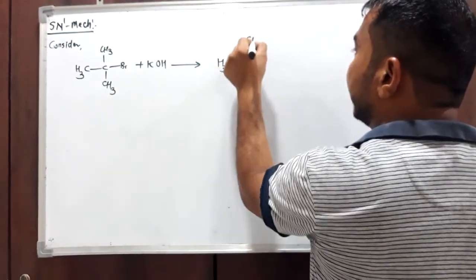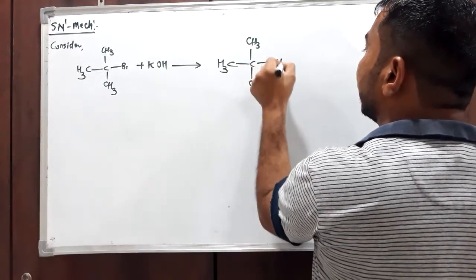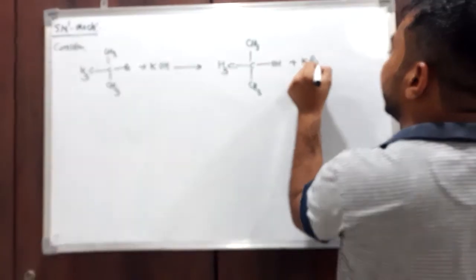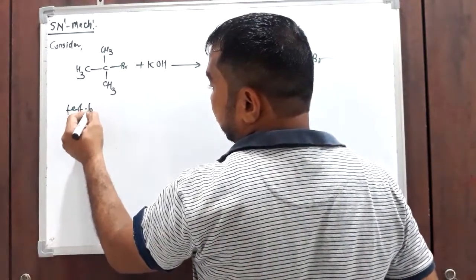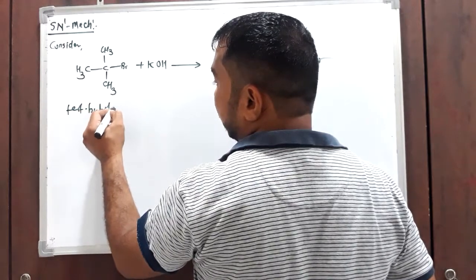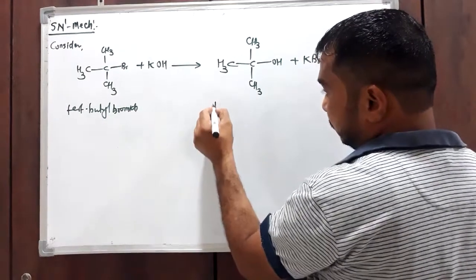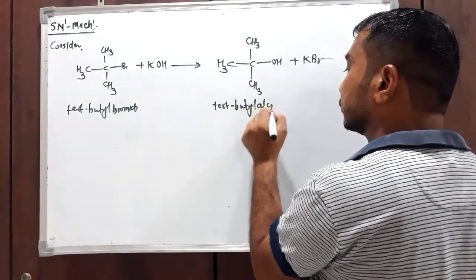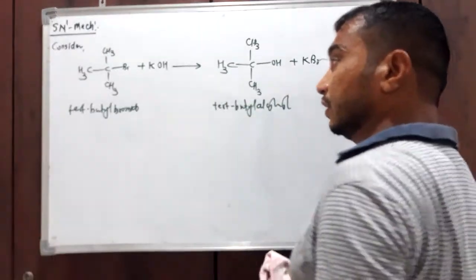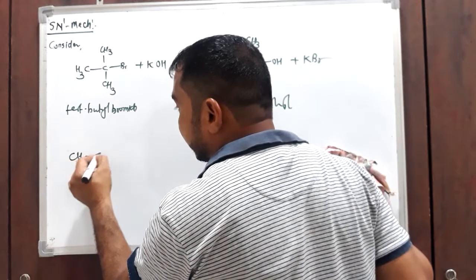Tertiary butyl bromide reacts with KOH or OH minus ion, giving tertiary butyl alcohol. The reactant is tertiary butyl bromide, and the product is alcohol.